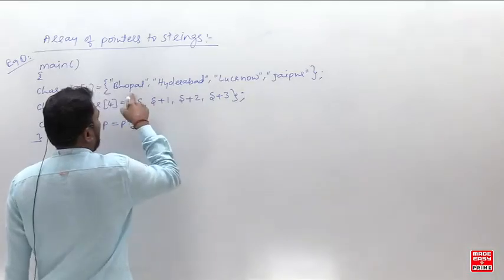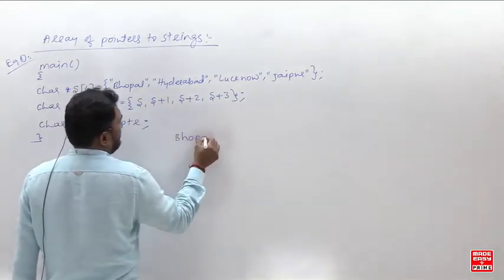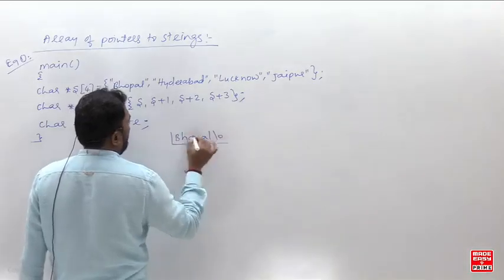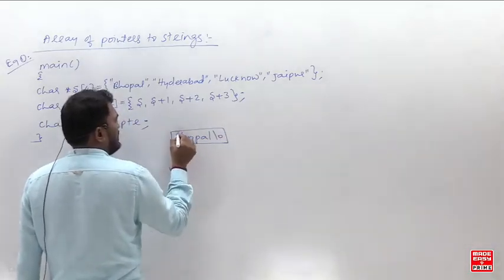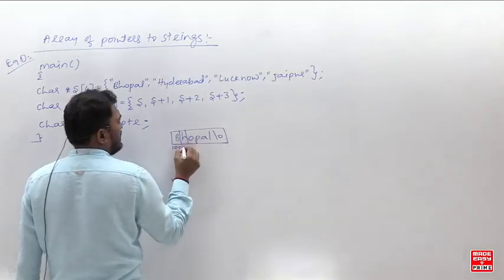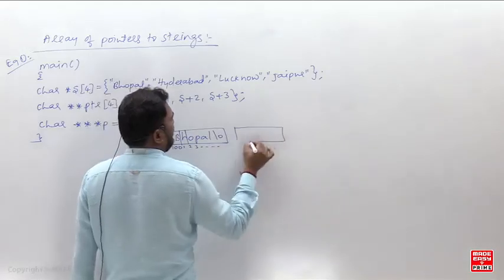First, something given in the double quotes means a base address is given. BHOPAL, then the null character. Let's say this has base address 100, so you'll have 100, 101, 102, 103 like this.